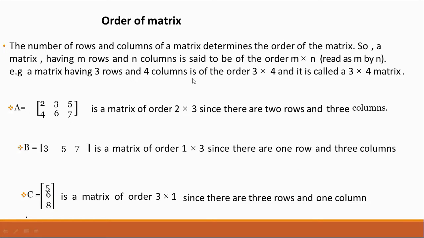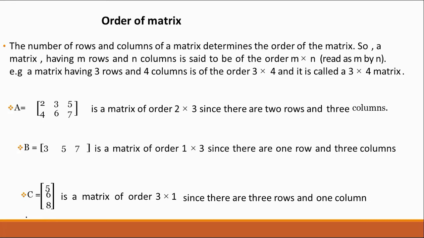Now what is the order of a matrix? The number of rows and columns of a matrix determine the order of the matrix. So a matrix having m rows and n columns is said to be of the order m by n. Read as m by n. In the previous slide, we found the number of points by multiplying the number of rows and the number of columns.